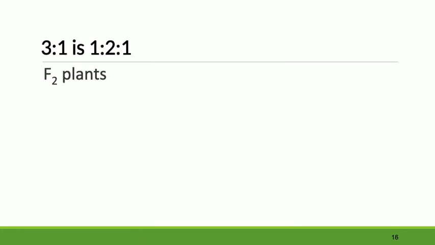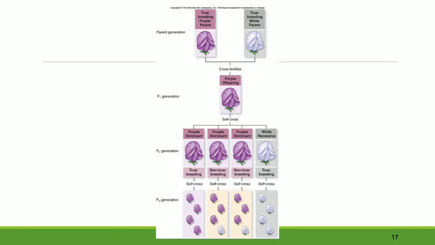So if I can move back for a second, this guy was homozygous for the flower color, and he was homozygous dominant. This other parent that we call true breeding is homozygous recessive for the flower color gene.